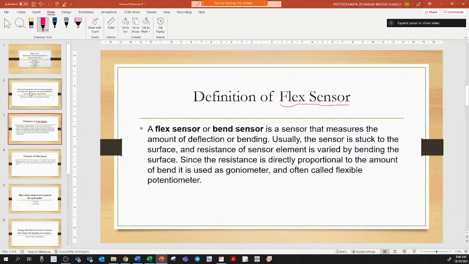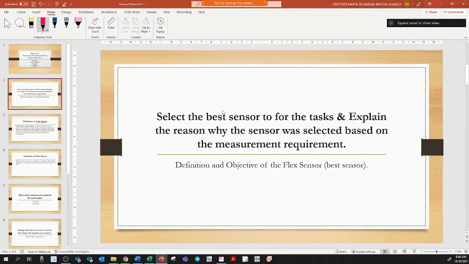Based on the case study, the question is the one best sensor to select. But I would suggest that you list out 5 types of sensor to measure rotation. And from these 5 sensors, select only the best one. Okay, so this is how we are going to do positioning.